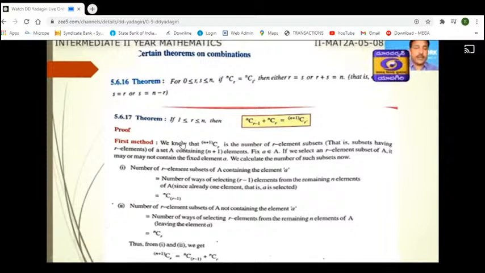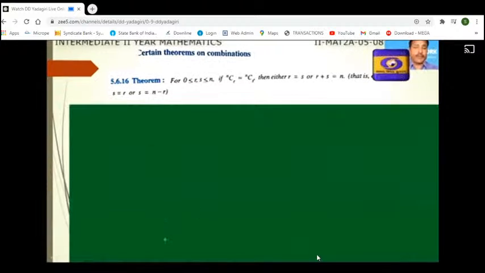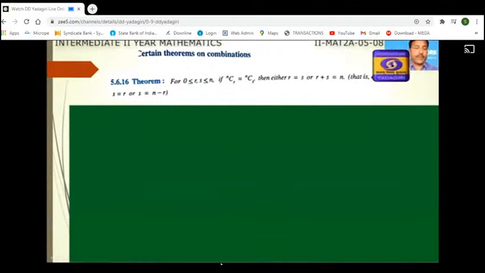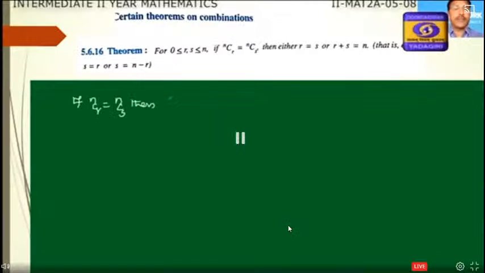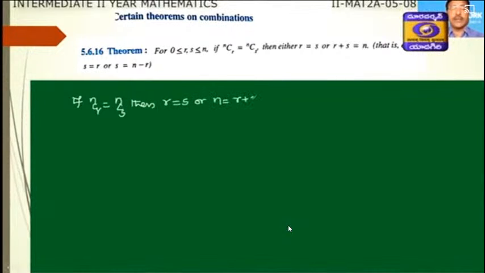This is an important point in the concepts of combinations. So this theorem says if nCr is equal to nCs, then either r is equal to s or n is equal to r plus s.